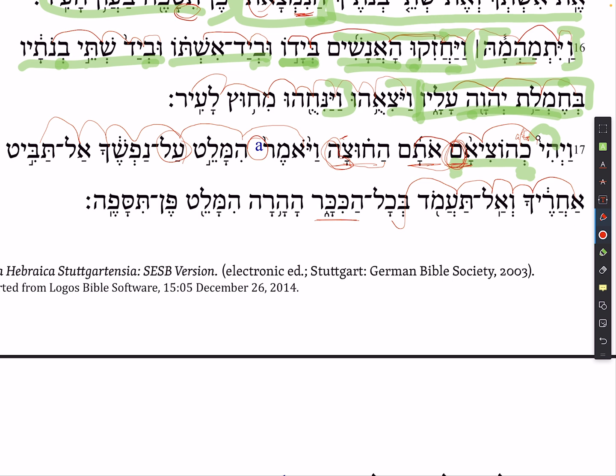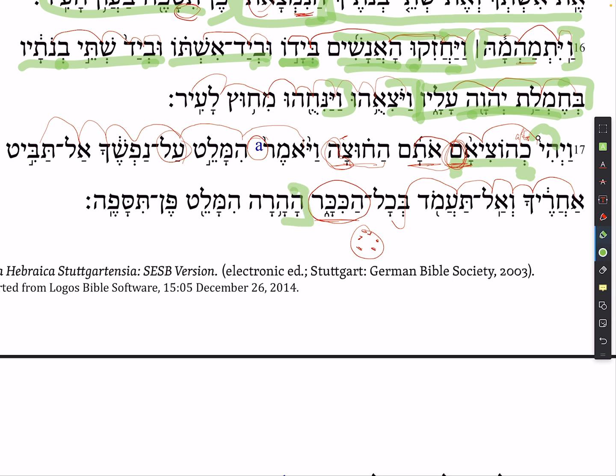Kikar is basically a loaf of bread, but it refers to the cities that were built around Sodom and Gomorrah. They built kind of circles of cities, and that's why the metaphor of kikar is being used. So stay out of this circle of cities, stay out of this loaf of bread.